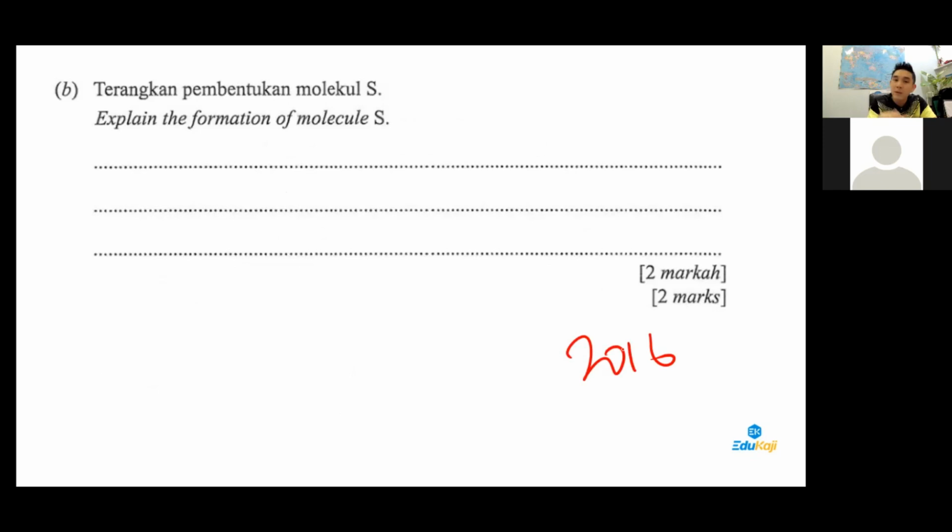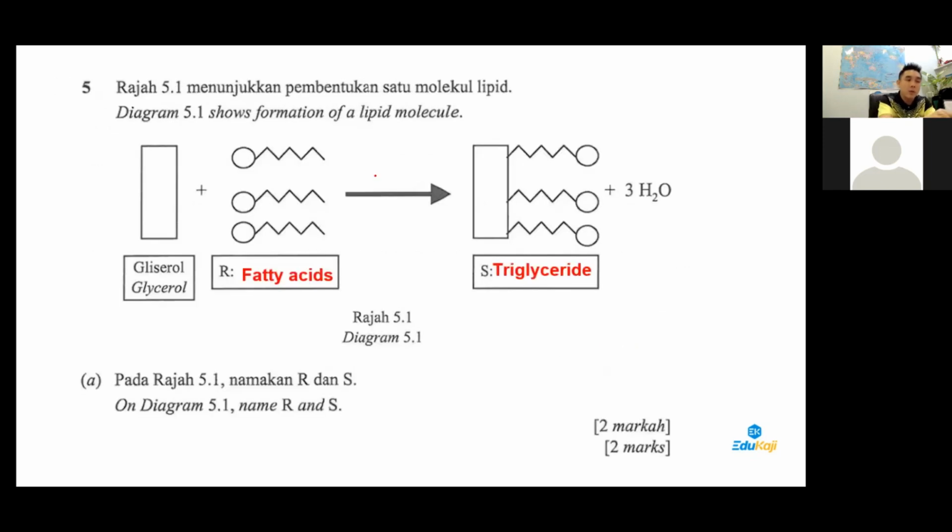Because it came out once, they keep asking. So, revision, what's the process? If you say condensation, you get 1 mark. Don't forget to mention how many glycerol and how many fatty acids combined, and how many triglyceride and water molecules are formed.